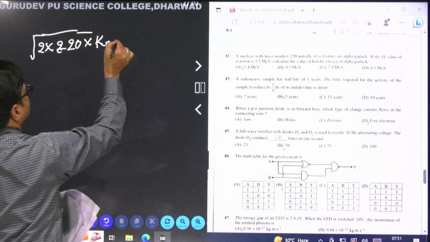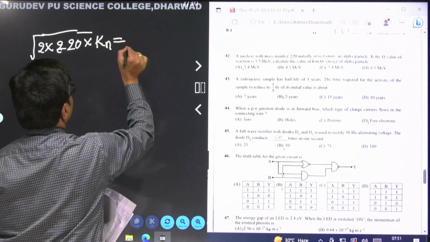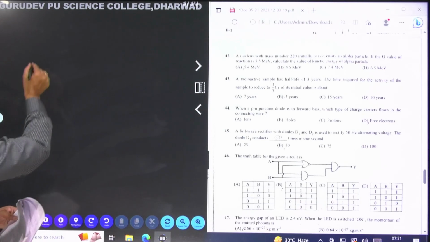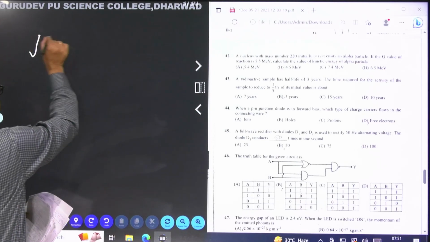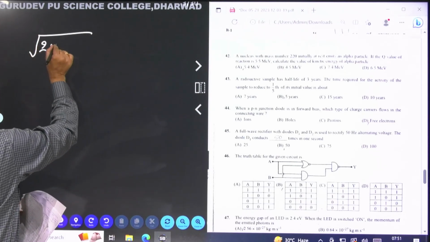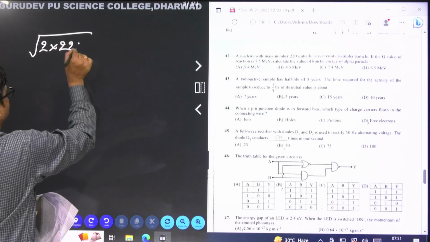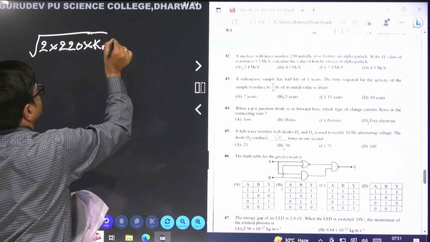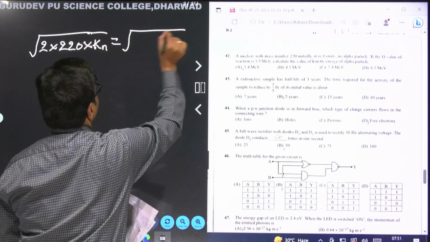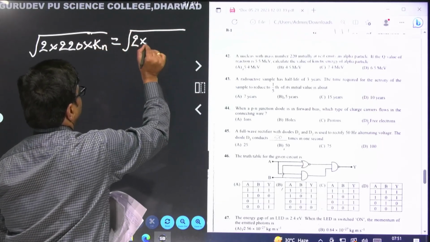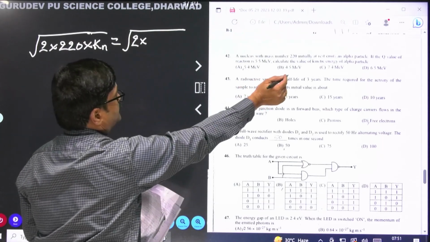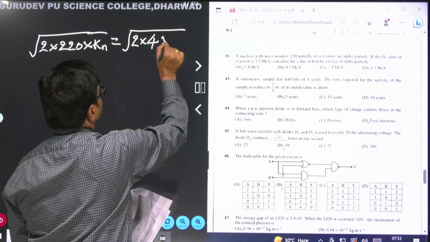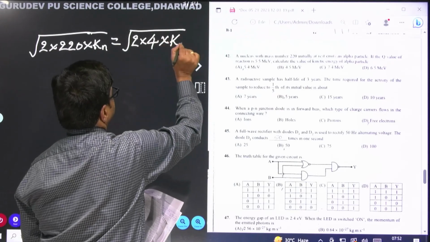This should be equal to square root of 2 into, as it is an alpha particle, 4 into K alpha.